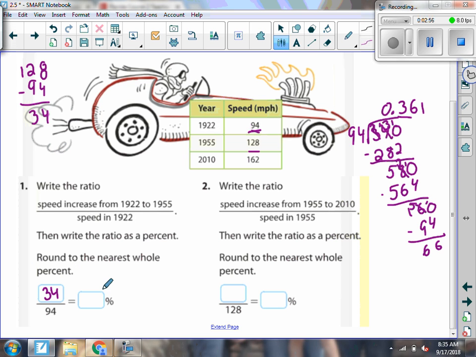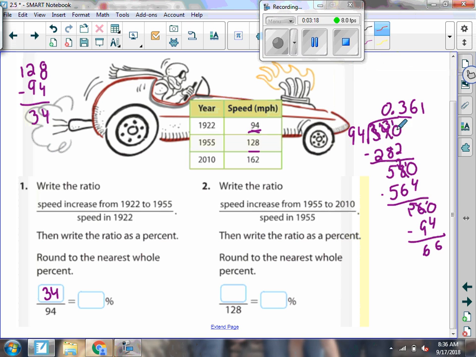because it wants us to round to the nearest whole percent. So when I've got my decimal and I go out to my tenths, hundredths, thousandths spot, I could use that thousandth spot to round to my hundredth spot, which is what I want to do. Here's why. Because when we move our decimal 2 places to the right to change this to a percent, I'm going to end up with 36.1%.